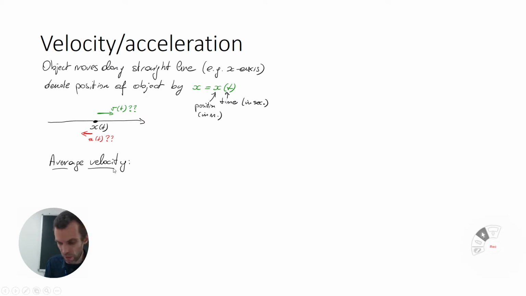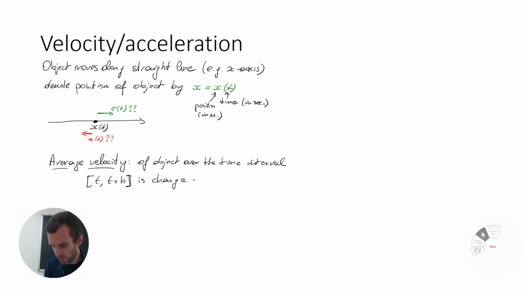So the average velocity of an object over the time interval t to t plus h is the change in distance divided by the change in time.